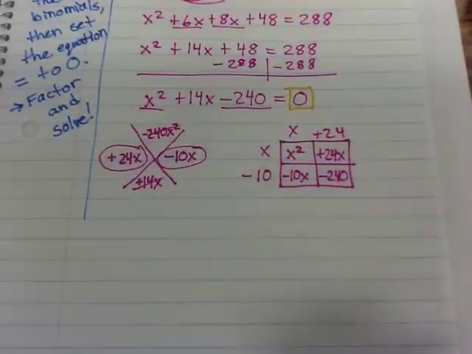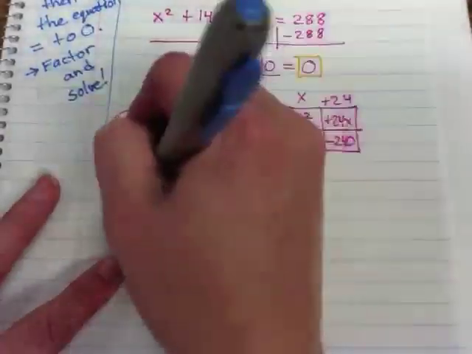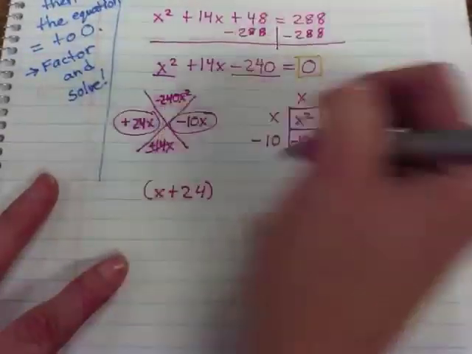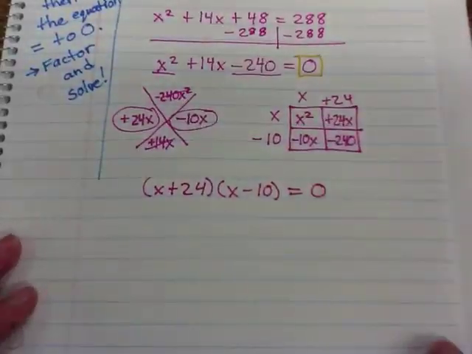Does it work? Okay. So now you have x plus 24 times x minus 10 equals 0.